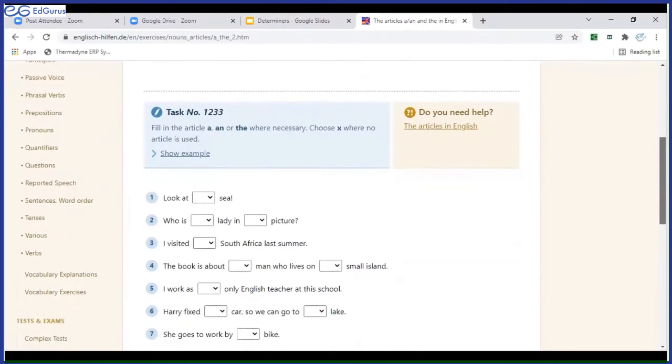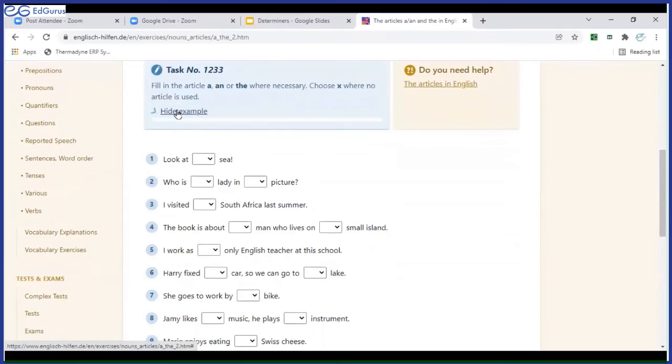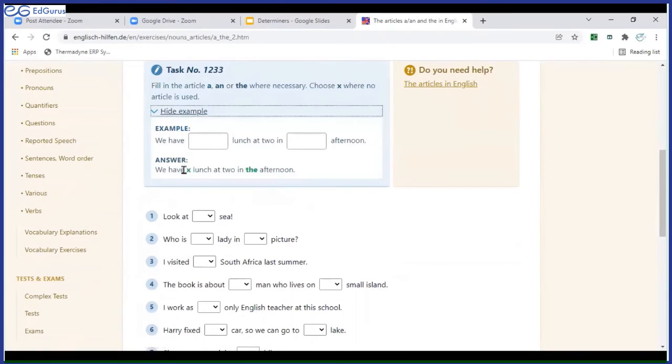You will get the options a, an, or the. You will choose your answer, and you will choose X if you think that no article is used. Let us see if they have given an example. We have lunch at 2 in the afternoon. We have lunch here, X has been put, because no article is required here. But where an article is required, it has been put there. Clear?